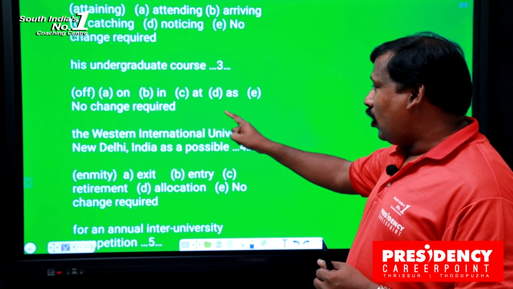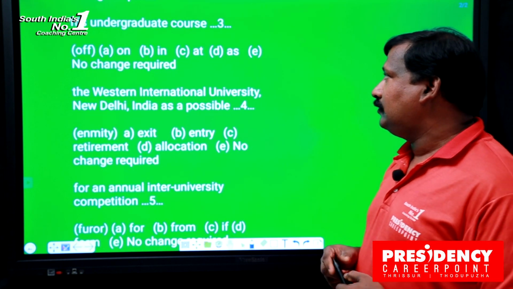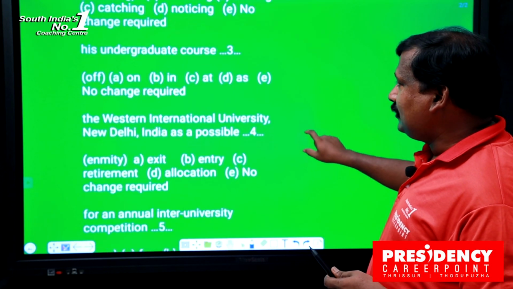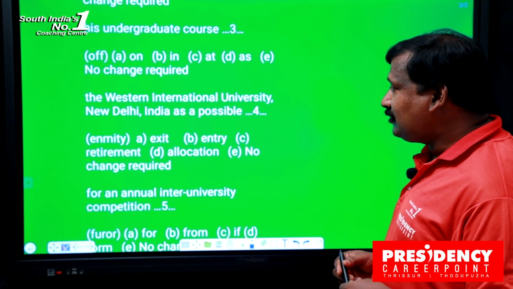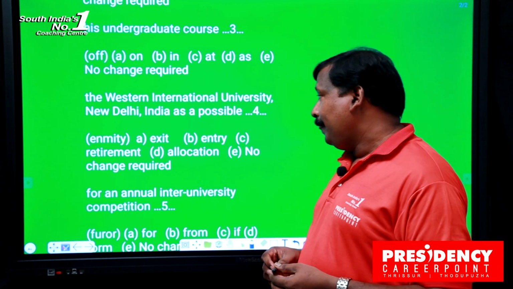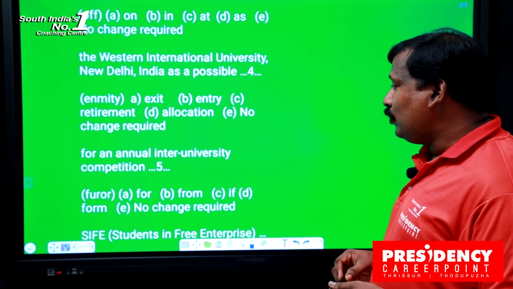That is option C, which is at. While he was attending his undergraduate course at the Western International University, New Delhi, India, as a possible blank for an annual inter-university competition.